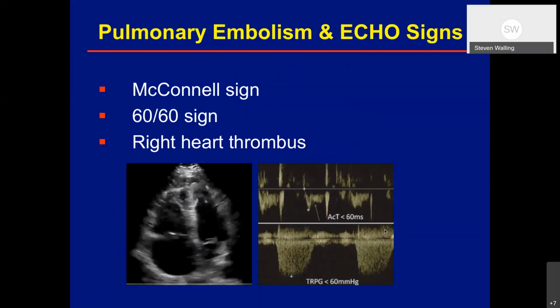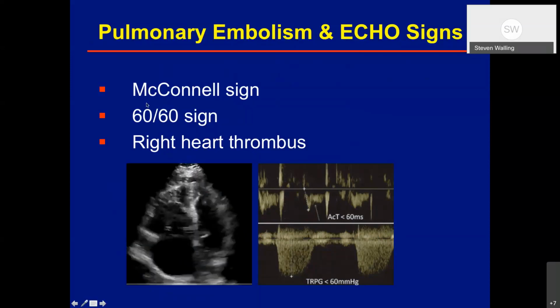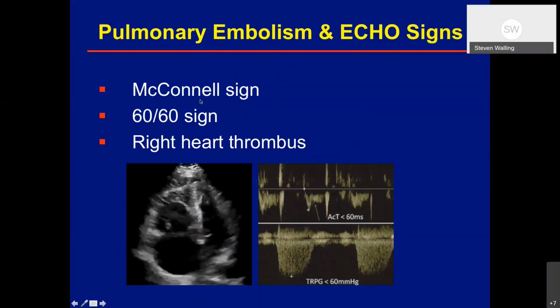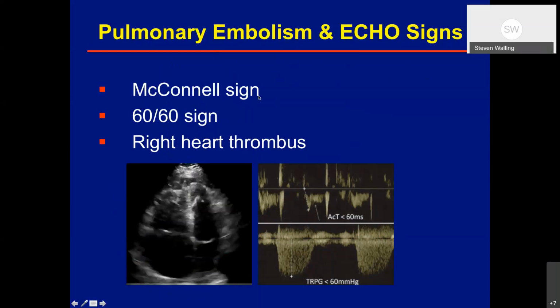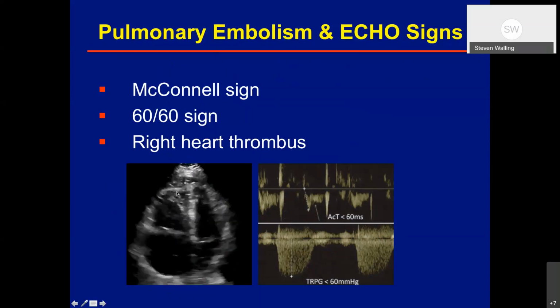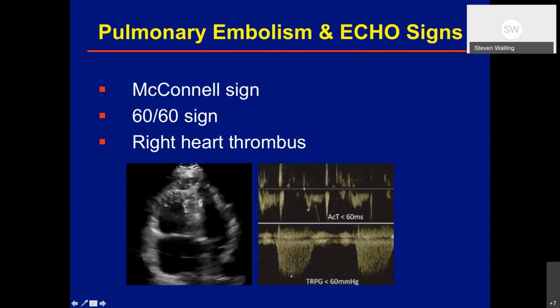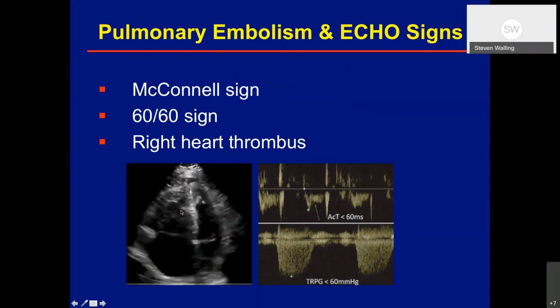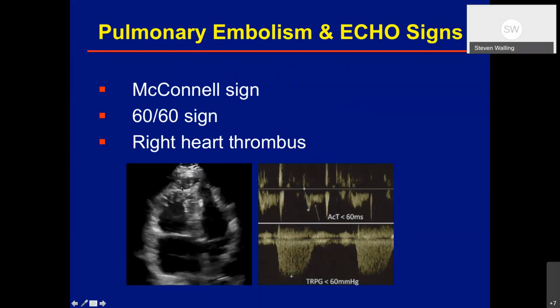Now, in the echo during acute PE, there are a few signs. You look at the McConnell sign. Yesterday, I remember Steve gave a very good picture of that, where the mid-segment of the free wall is hypokinetic but the apex is preserved.